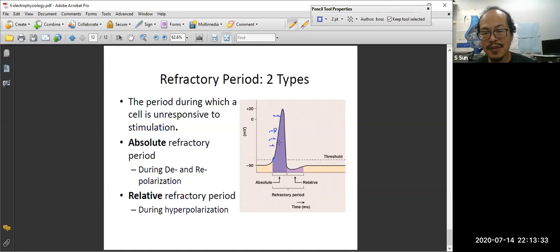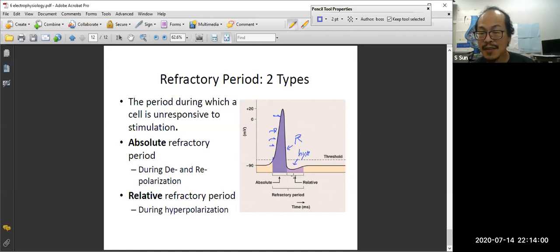It's already opened. Now, if your period reached to here, in this period, the sodium is already closed, potassium is open and not closed yet, during this repolarization and the hyperpolarization.